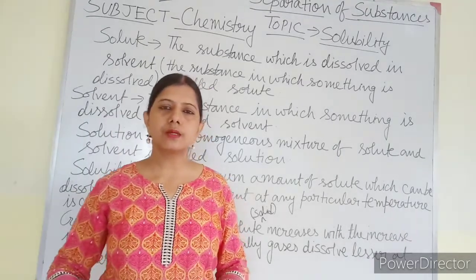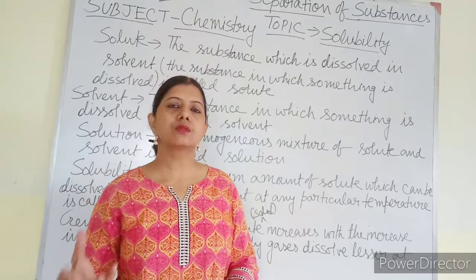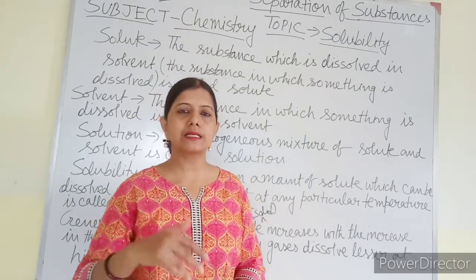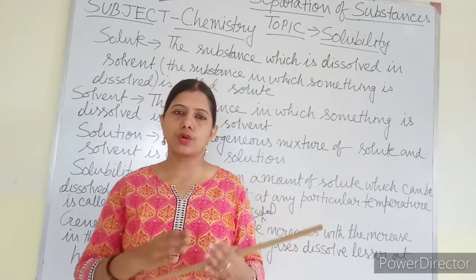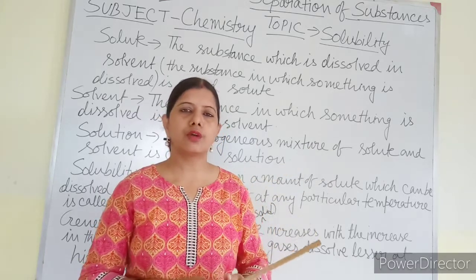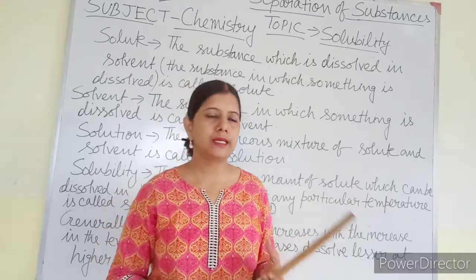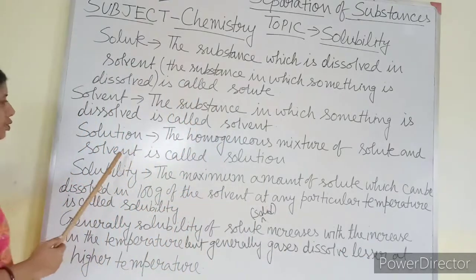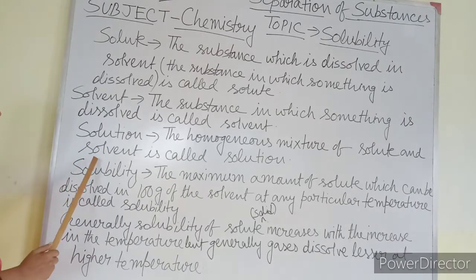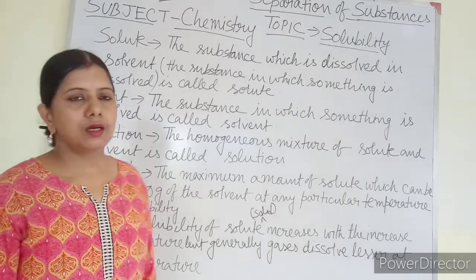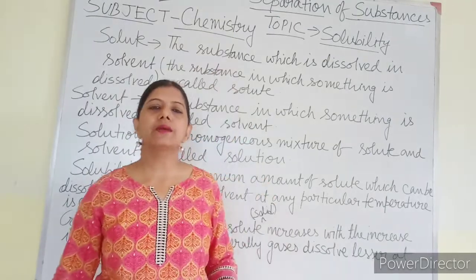The solvent is present more in amount as compared to solute. Solute dissolves in solvent and solvent allows the solute to dissolve in it. So what is a solution? It is a homogeneous mixture of solute and solvent. Homogeneous means the composition is the same throughout.